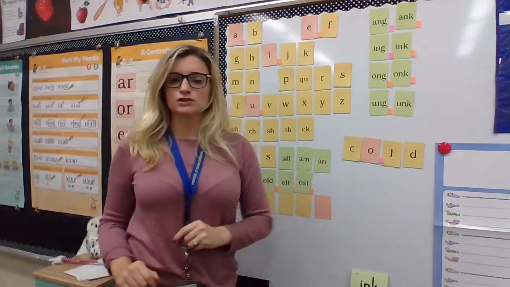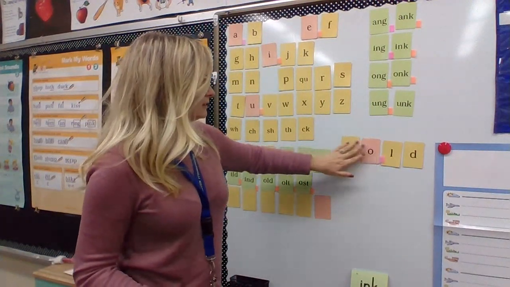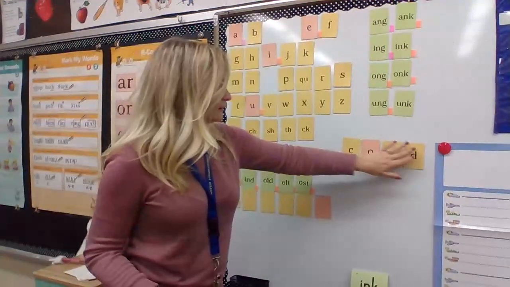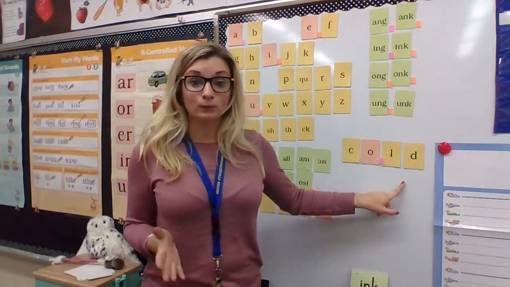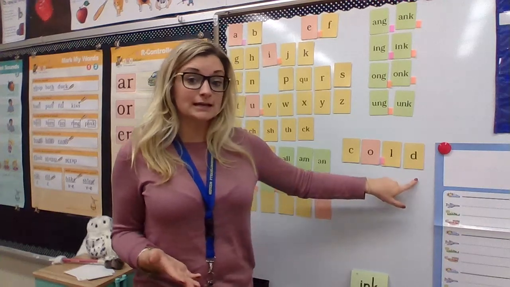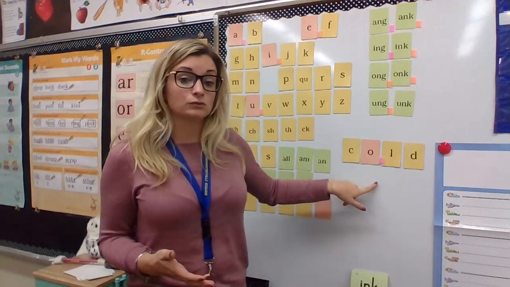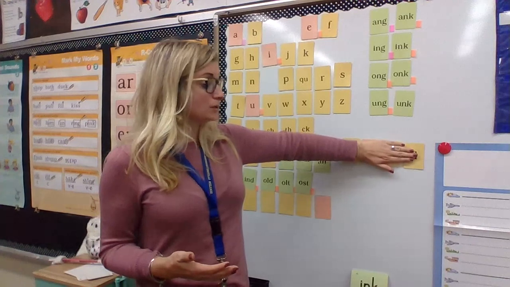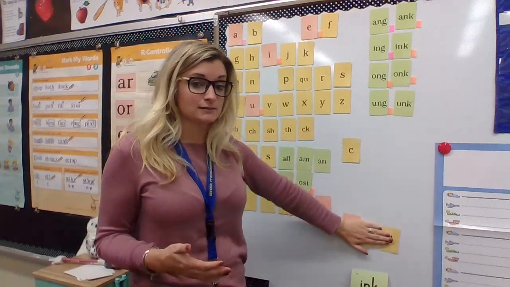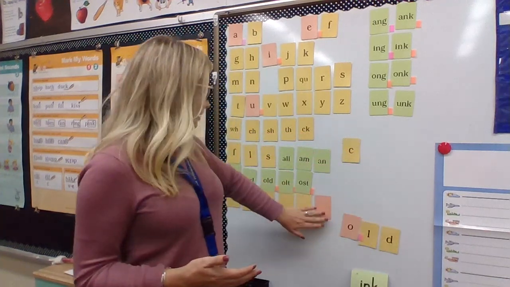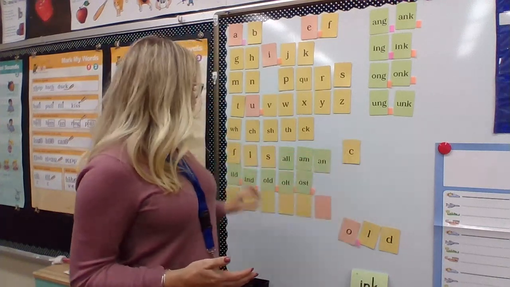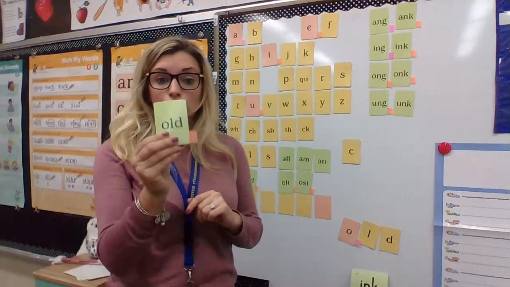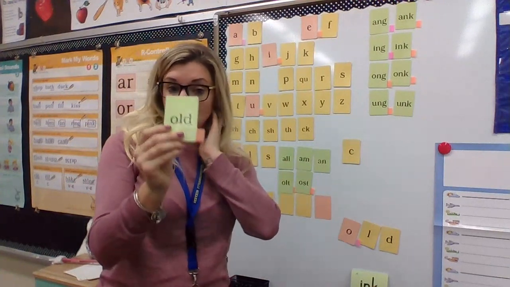All right, so let's look at this word first. Let's look at what we see here. We have the OLD. Now, we know that OLD is actually a glued sound. So instead of using all three of these, we go ahead and we use the green closed syllable exception, OLD.